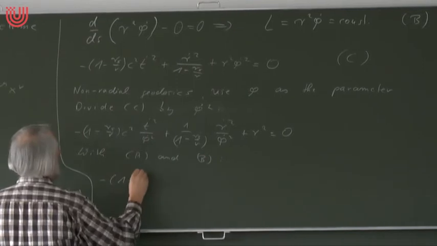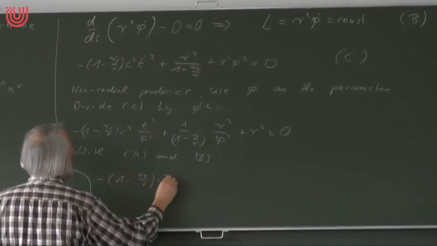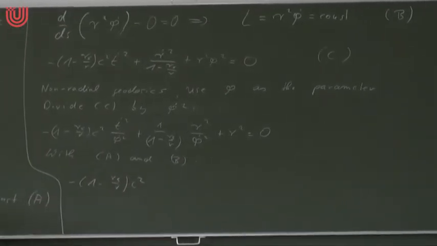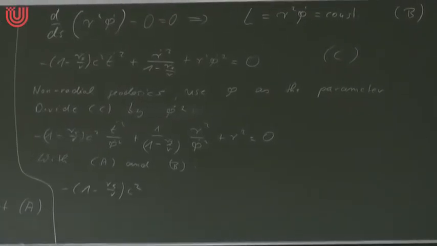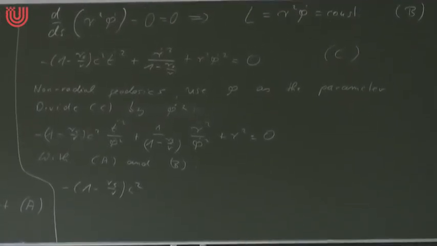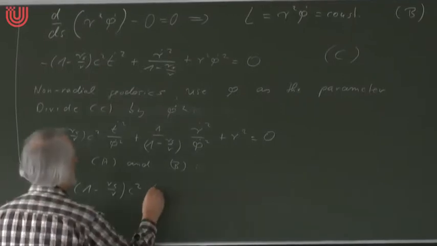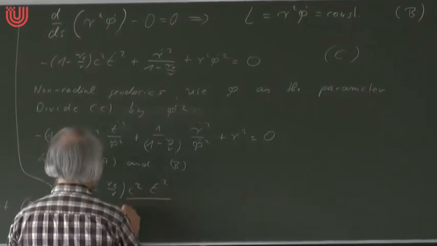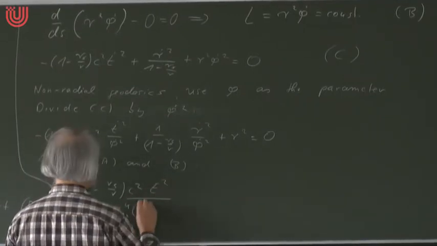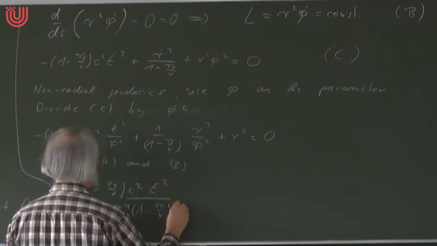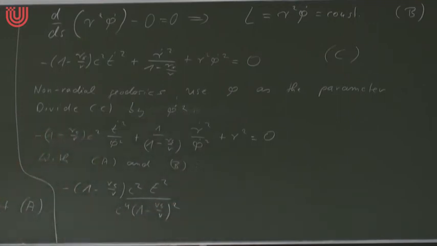So let me see if I can do this in my head. For t dot squared, I insert this expression. So this is E squared divided by c to the 4, 1 minus r_s over r squared. And then I divide by phi dot squared.